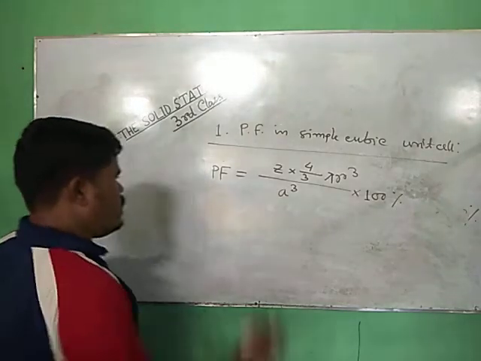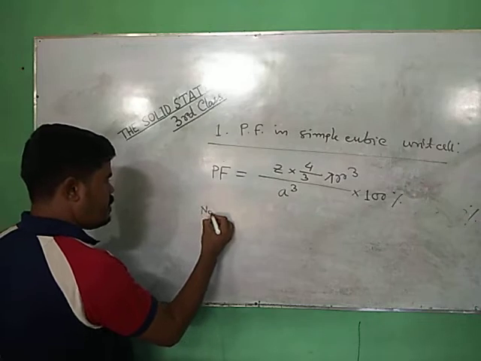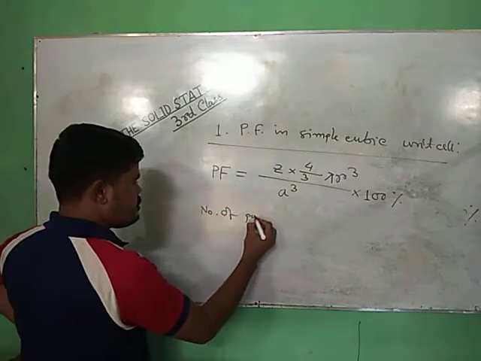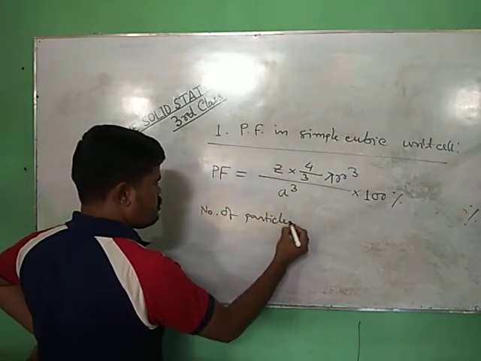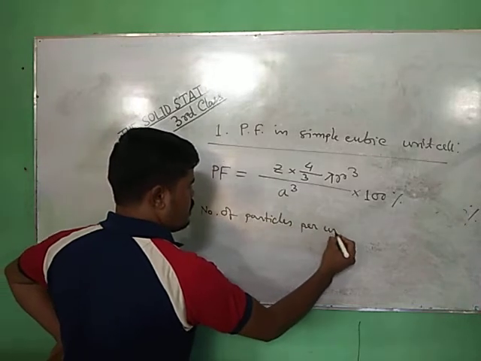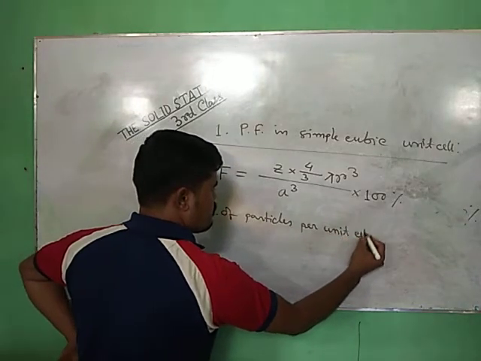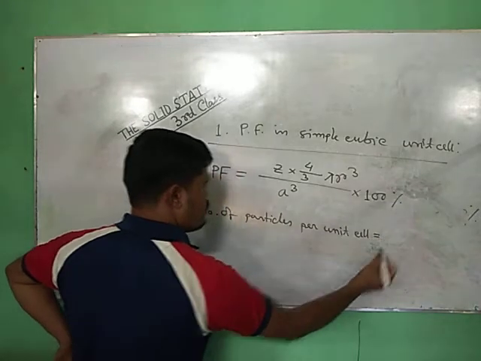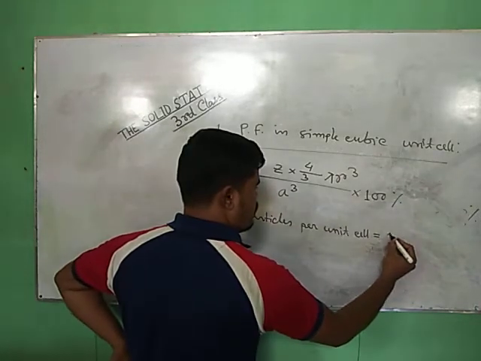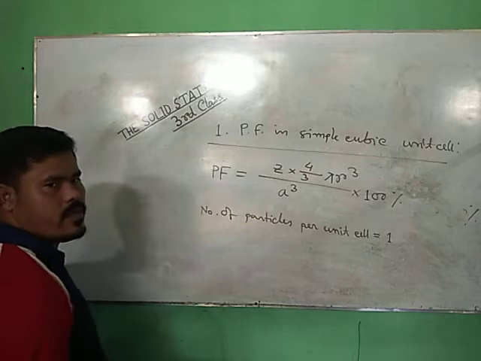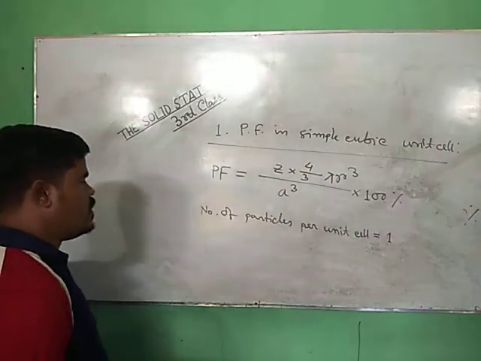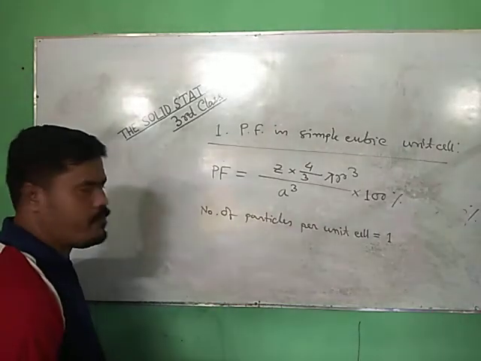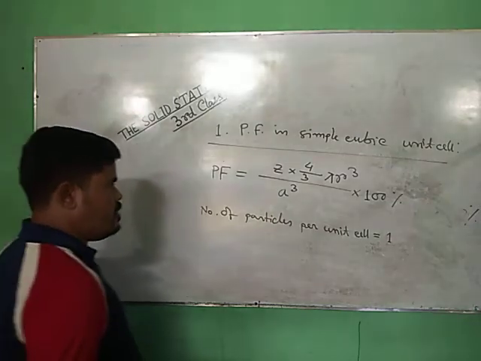We know that the number of particles per unit cell for simple cubic is only one particle. So the number of particles per unit cell is 1.